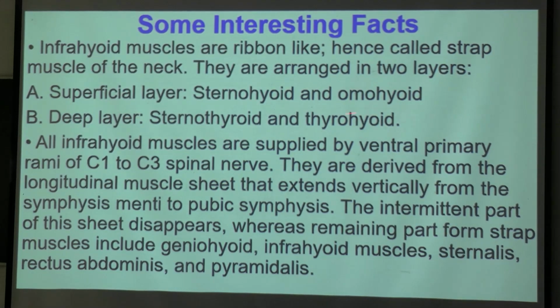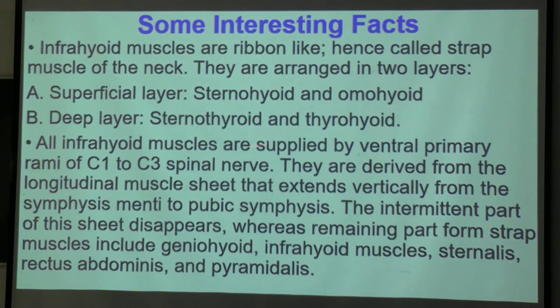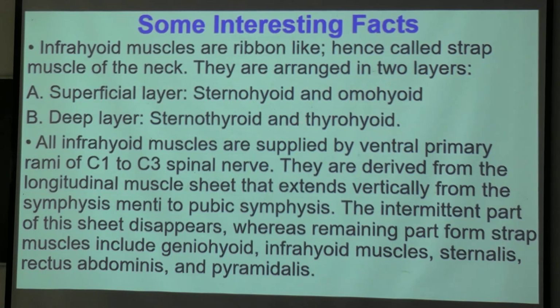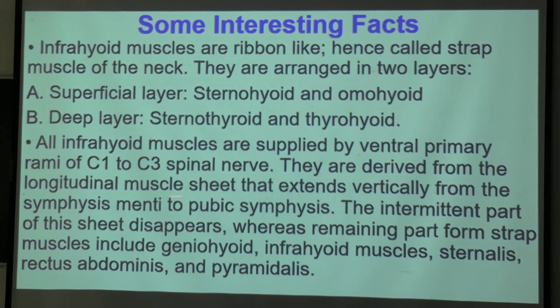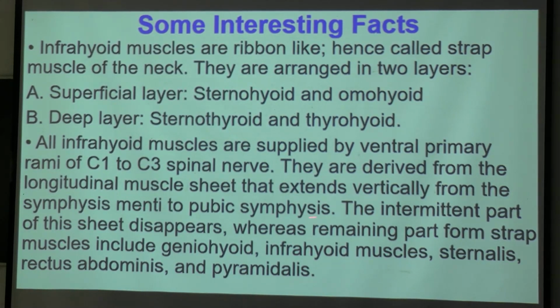They are arranged in two layers, superficial layer and deep layer. The superficial layer contains sternohyoid and omohyoid, and the deep layer contains sternothyroid and thyrohyoid. And all the infrahyoid muscles are supplied by ventral primary rami of C1 to C3 spinal nerves. They are derived from the longitudinal muscle sheet that extends vertically from symphysis menti to pubic symphysis during the development of the embryo.